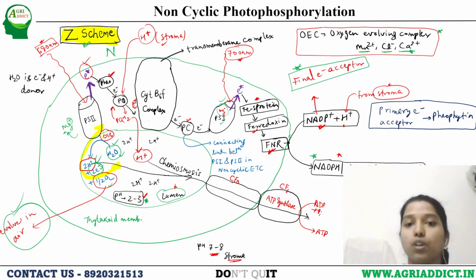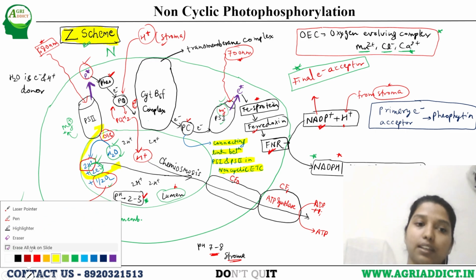Now, this plastocyanin is the connecting link between PS1 and PS2 in non-cyclic ETC. So this you have to remember: what is the connecting link between them?